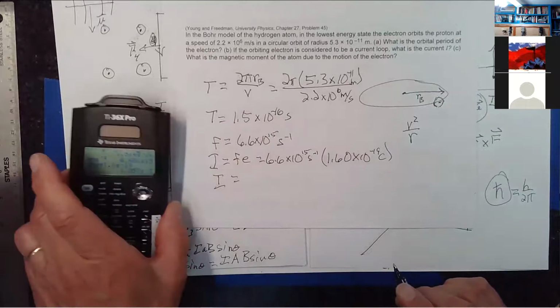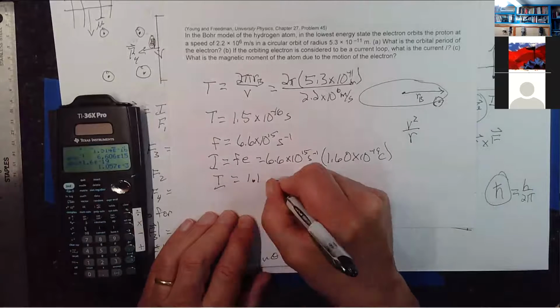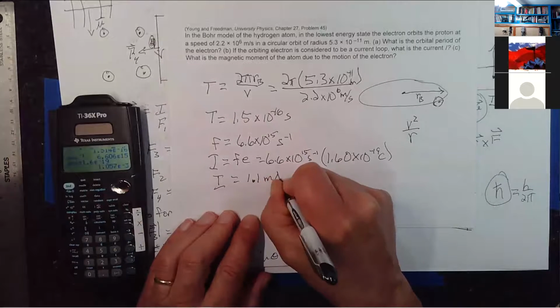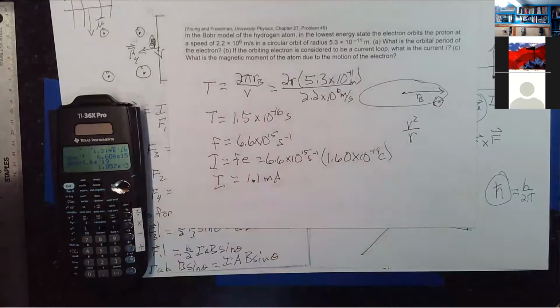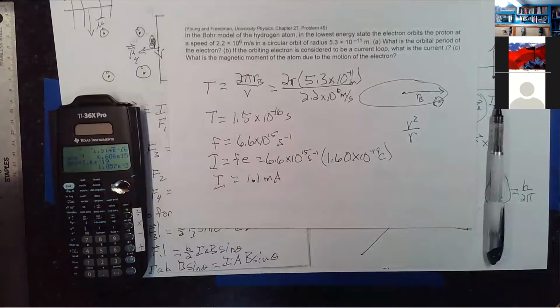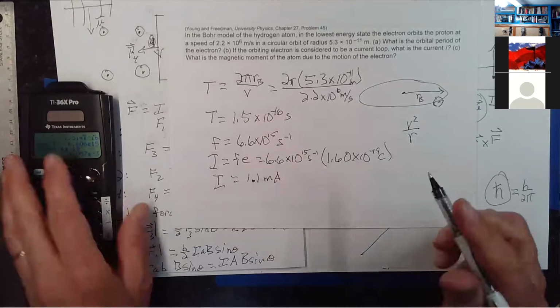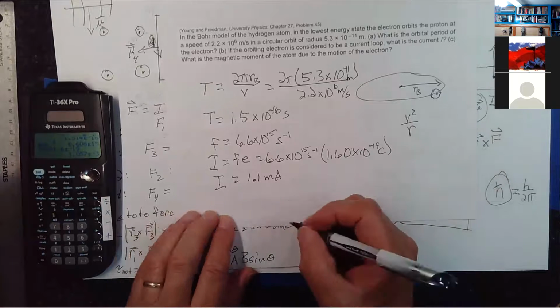So we're good. And I get about 1.1 milliamps is what it actually comes out to be. And that's one electron doing that. So that's pretty amazing. And then the magnetic moment of the atom due to the motion of the electron. Well, let's see.